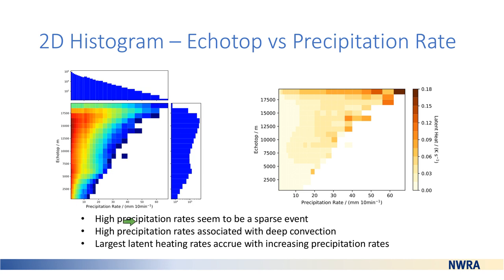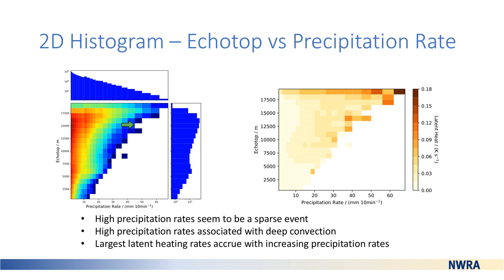The color coding refers here to the number of occurrences, or number of points per bin. What I just want you to acknowledge here is that high precipitation rates seem to be, on the one hand, sparse events, rather low number of occurrences are associated with high precipitation rates, and on the other hand, these high precipitation rates seem to be associated with deep convection.